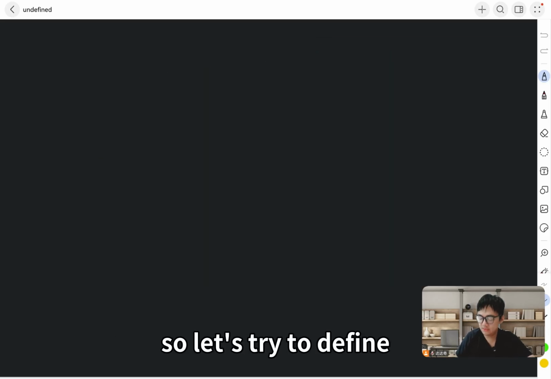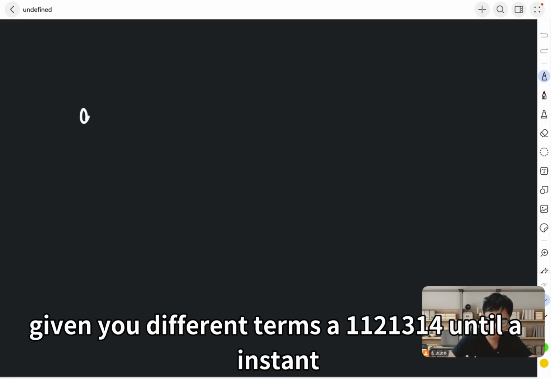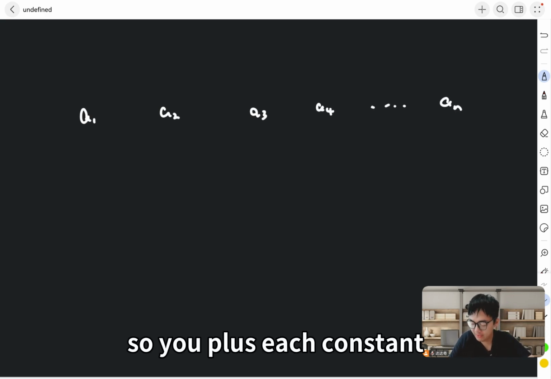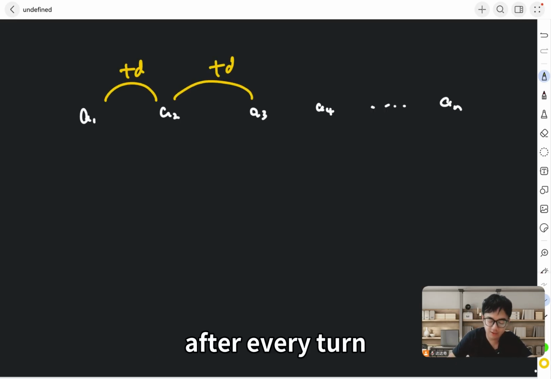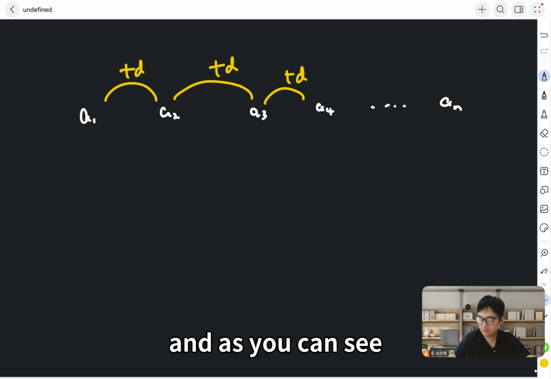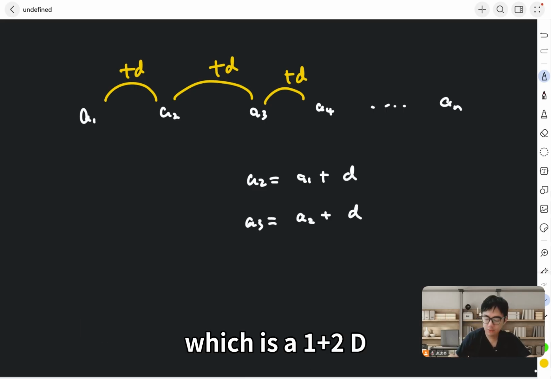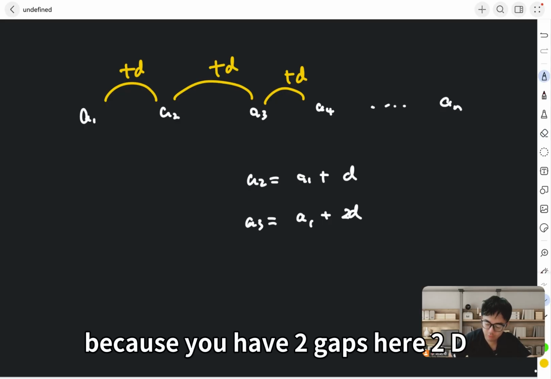So let's try to define what is officially an arithmetic sequence. Given different terms, A1, A2, A3, A4 until the nth term, you add a constant after every term. So this is called an arithmetic sequence. As you can see, A2 equals A1 plus D, and A3 equals A2 plus D, which is A1 plus 2D, because you have two gaps here.